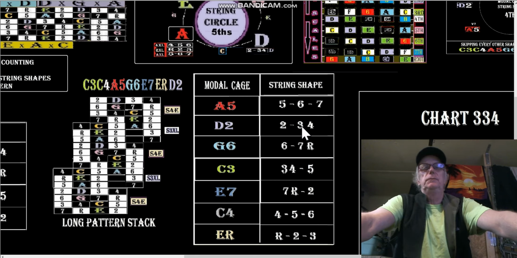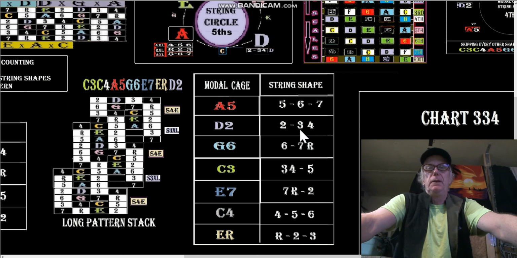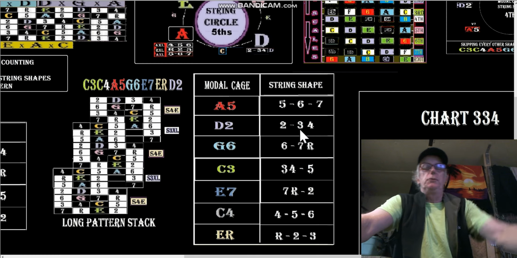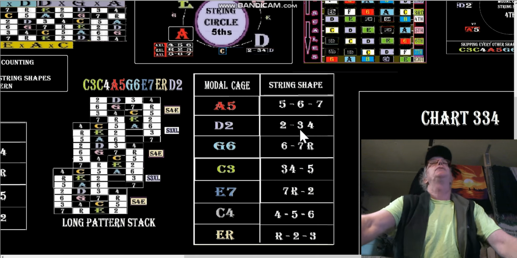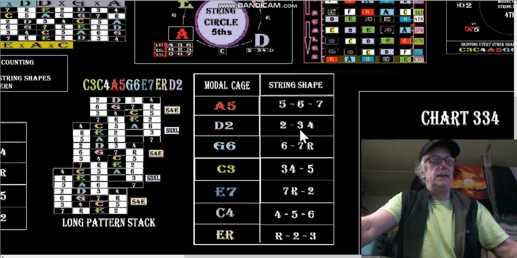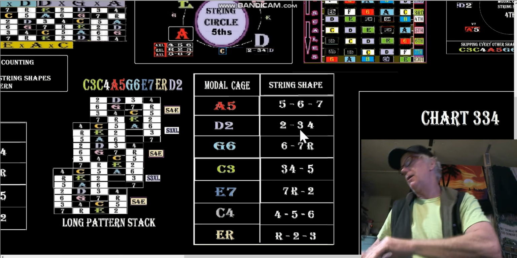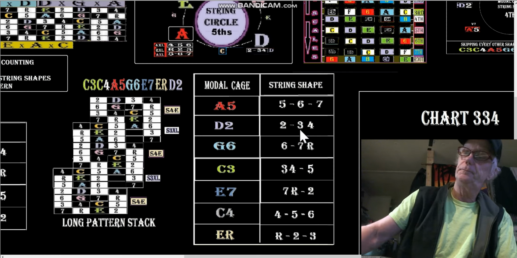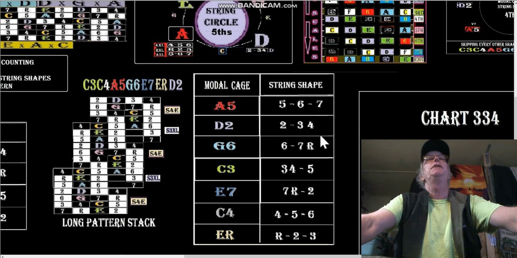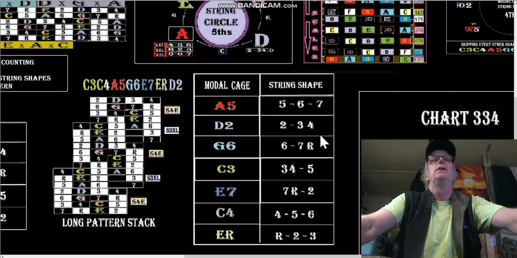Okay, so let's try another one. We'll do one more. We don't want to do too many of these because I have to also show you about any key, not just about the keys that fit into the fret nut there.